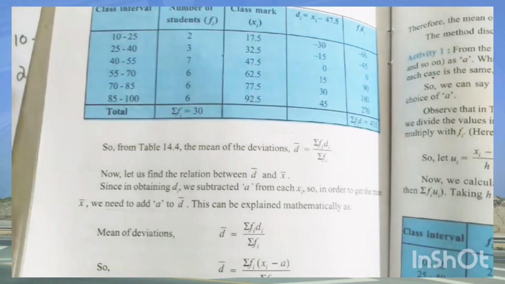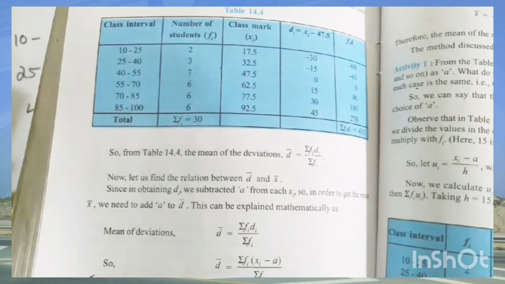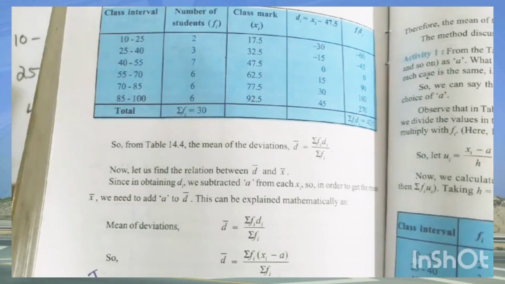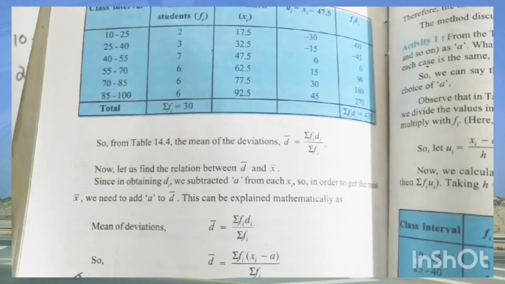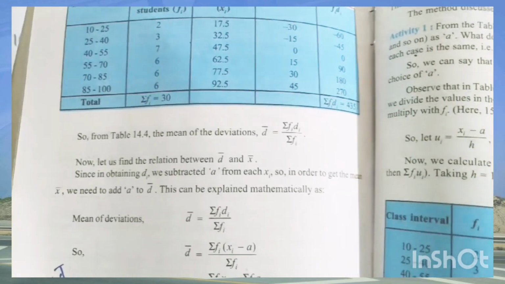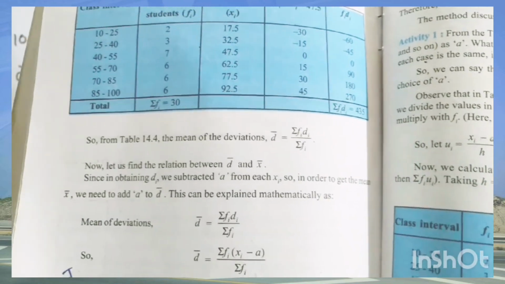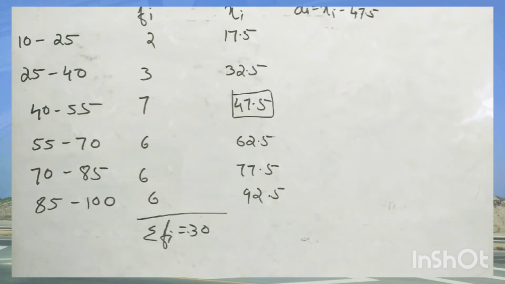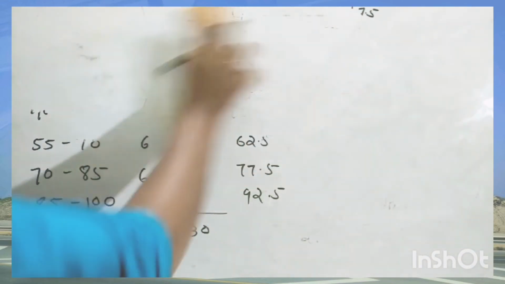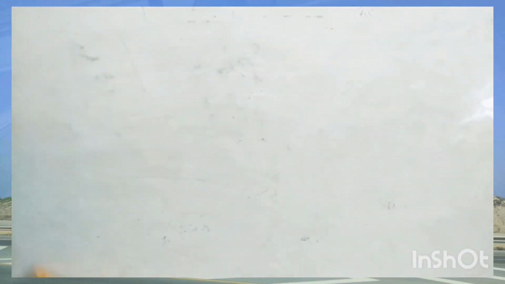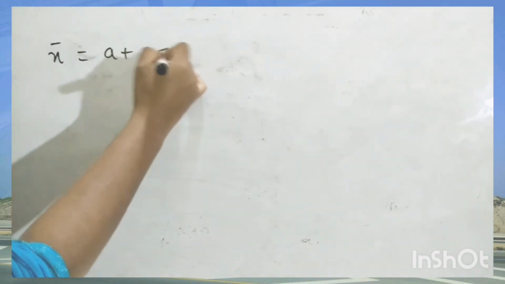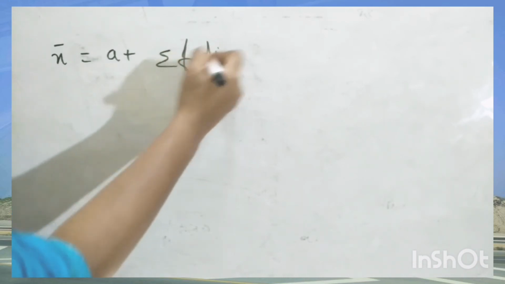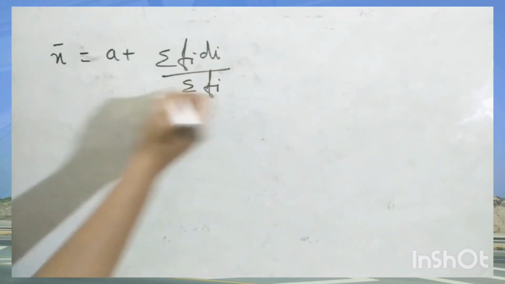Now fi di. Just multiply the second column and the fourth column, that we will get as minus 60, minus 45, 0, 90, 180, 270. Now just take the sum of that column, that is 435. Now we will use our formula. X bar is equal to a plus summation fi di divided by summation fi.